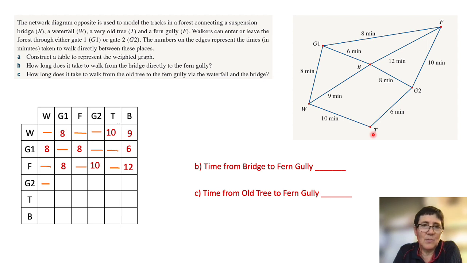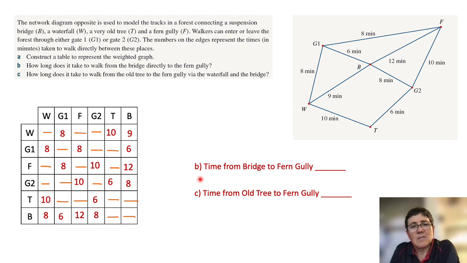Gate 2 to the waterfall doesn't exist. Gate 2 to gate 1, can't get there directly. Gate 2 to the Fern Gully is 10. Gate 2 to gate 2 doesn't exist. Gate 2 to the tree is 6, and gate 2 to the bridge is 8. Okay, and filling in the rest. So from each vertex, I worked out the times between those two vertices.